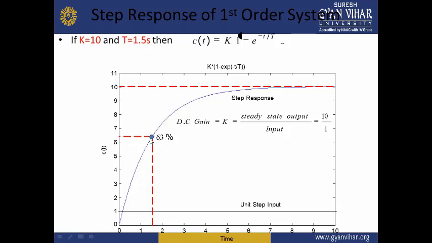And the DC gain K is nothing but the steady state output upon the input. What is the steady state output in this case? This is the steady state output, 10. And what is the input? Input is 1. This is your unit step. So your DC gain comes to 10 upon 1. Is this clear?